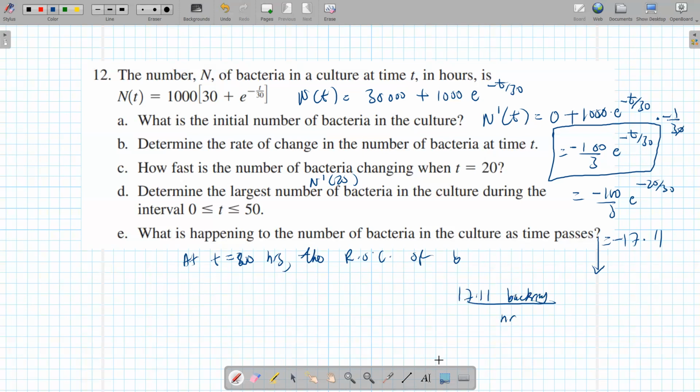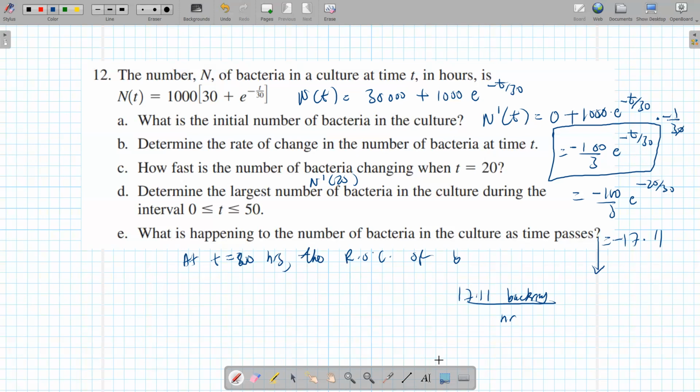Remember, it's going down. As soon as the clock started ticking, it started going down. So when was their population the highest? At 0. How many did we have at 0? 31,000, because e to the negative 0 is a 1. So 31,000 is the answer to D.